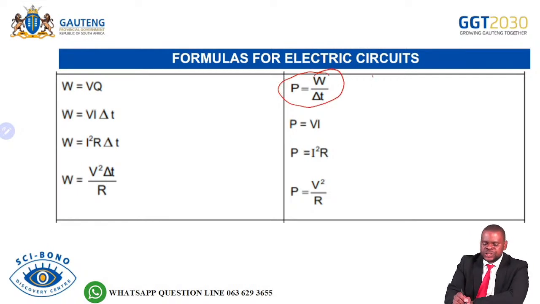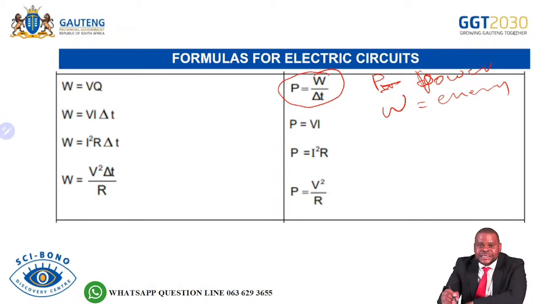The P that you see here is what? P is for power. W is for what? Energy, or the heat that is formed by what? Current and the resistance. Are we together? That is W. And change in t is what?